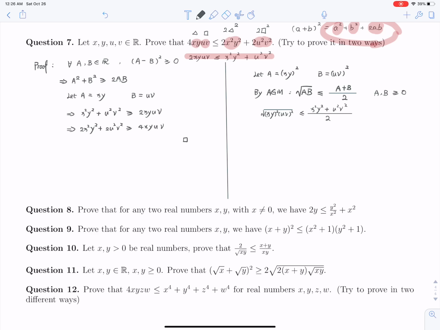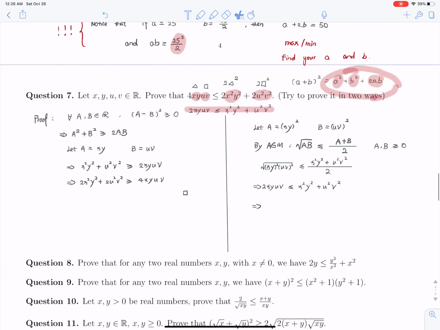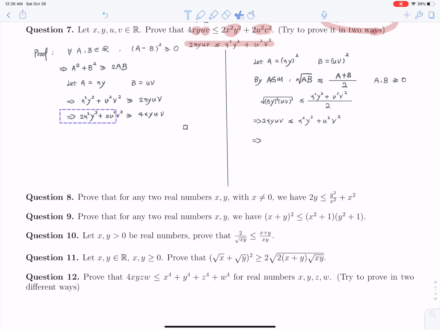This will give you xy uv. Okay, 2 times xy uv is smaller than or equal to x squared y squared plus u squared v squared. Then you multiply both sides by 2. You get this. Alright, and we're done.